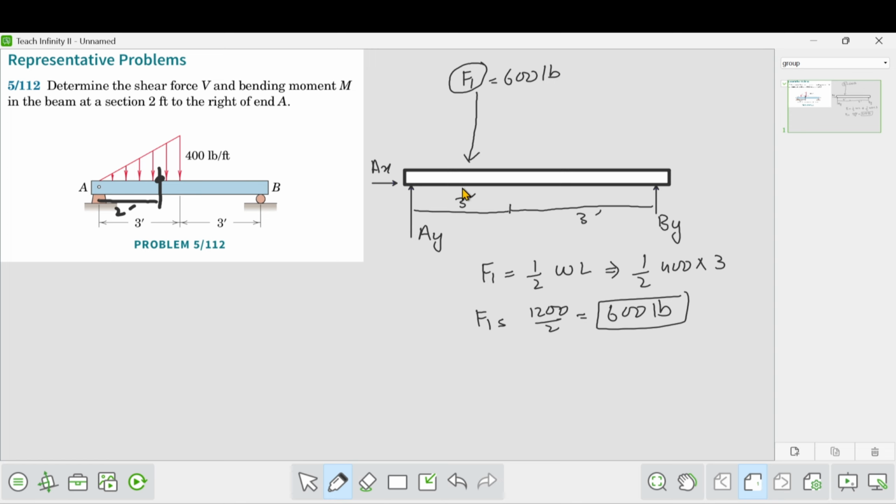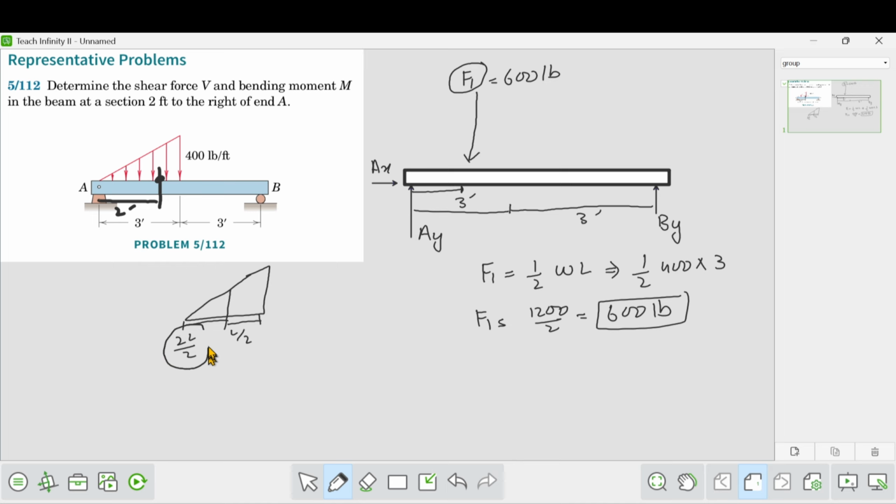Now I will find the point at which this total UVL load accumulates. Let's say this is a UVL triangle. For finding this length, there is a formula: 2L divided by 3, and for finding this other length, it will be L divided by 3.